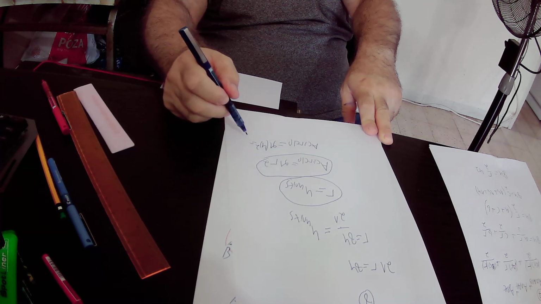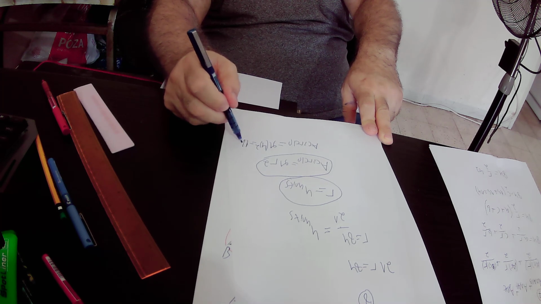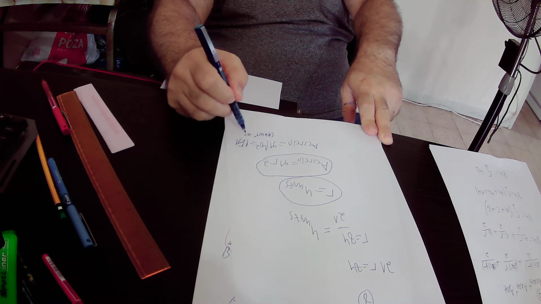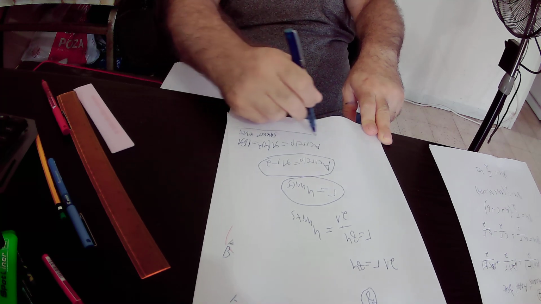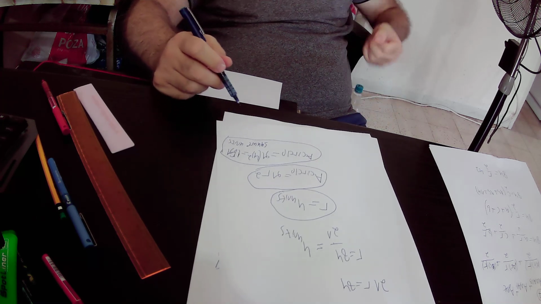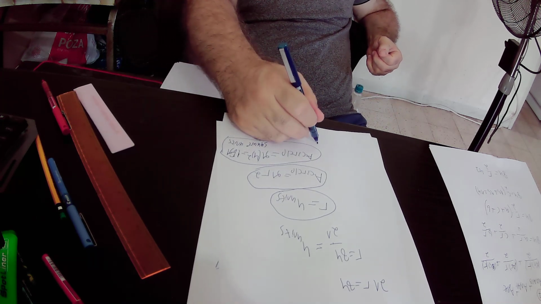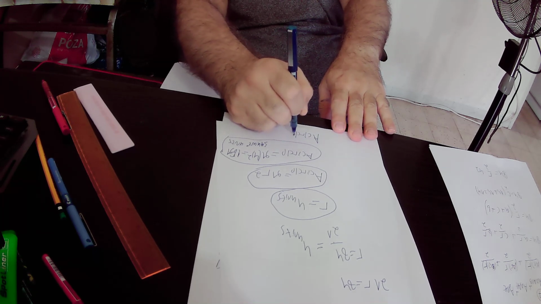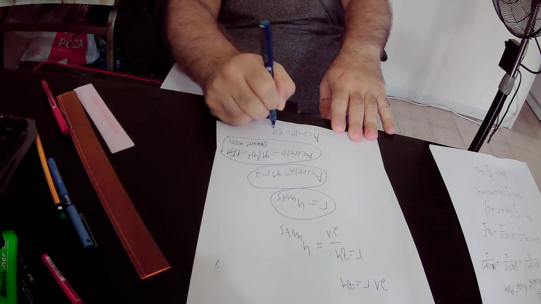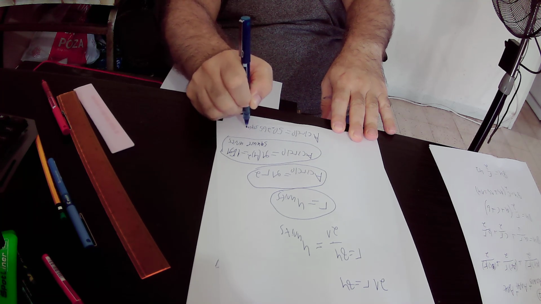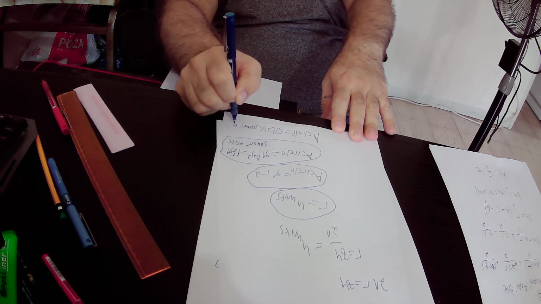So the area of the green circle equals 16 pi square units, or in terms of numbers, the area of the green circle equals 50.265 square units.